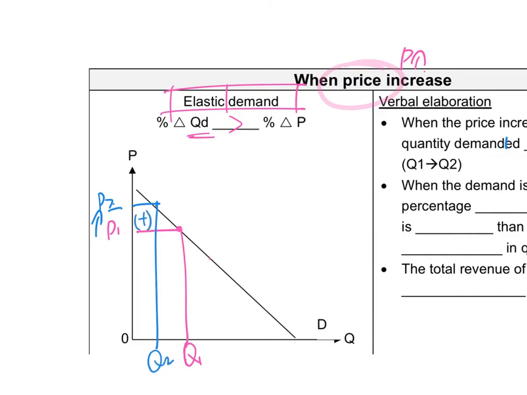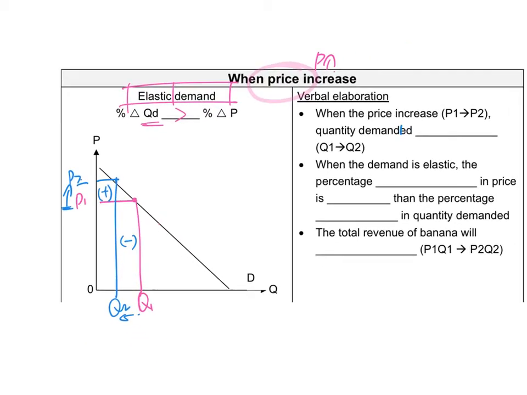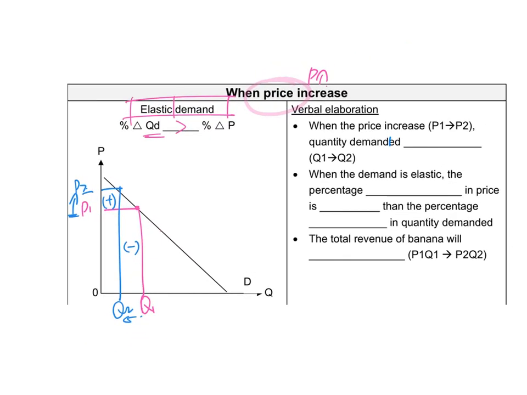Then we have a plus because this is an increase, and here is a decrease, so it is a minus. Okay, so I finished the diagram. So when the price increases, the quantity demanded, according to the diagram, decreases.